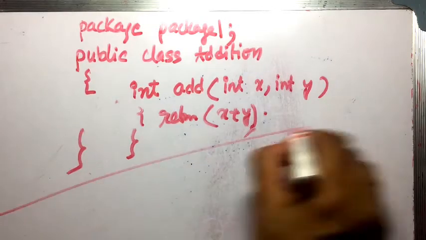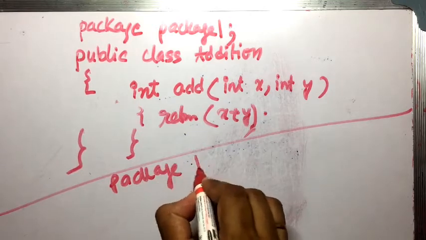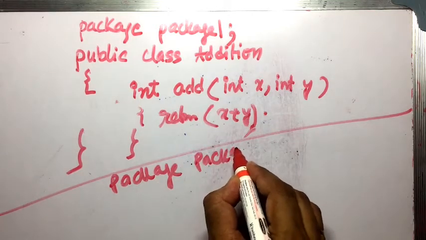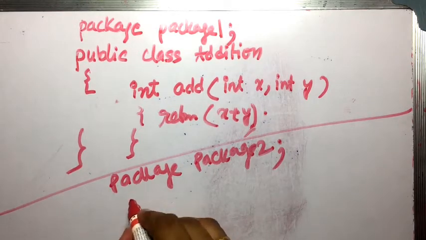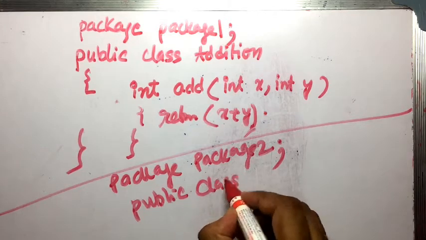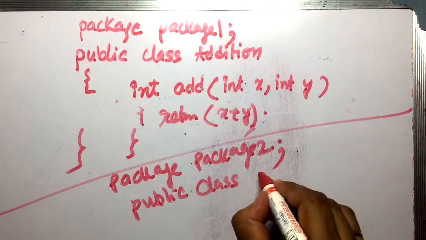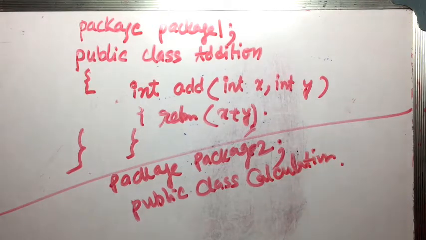Now consider another package, suppose package 2. এই প্যাকেজ 2টা প্যাকেজ 1টাকে অ্যাক্সেস করতে চাইছে। Suppose a public class, the class name is Calculation.